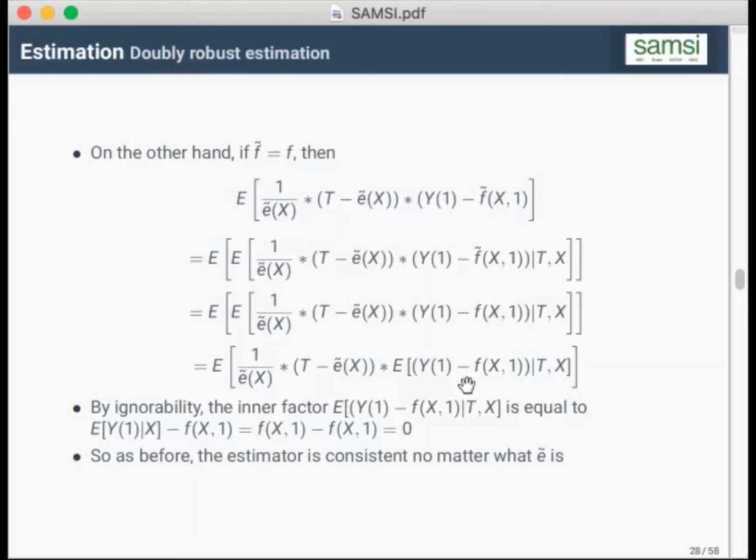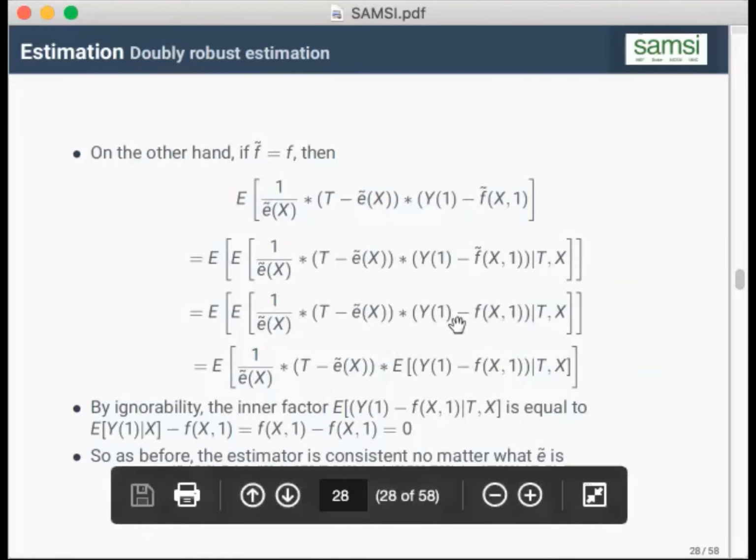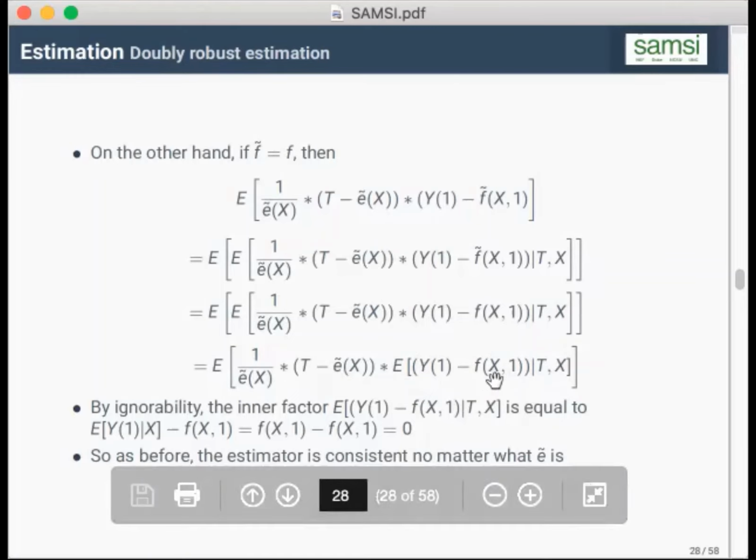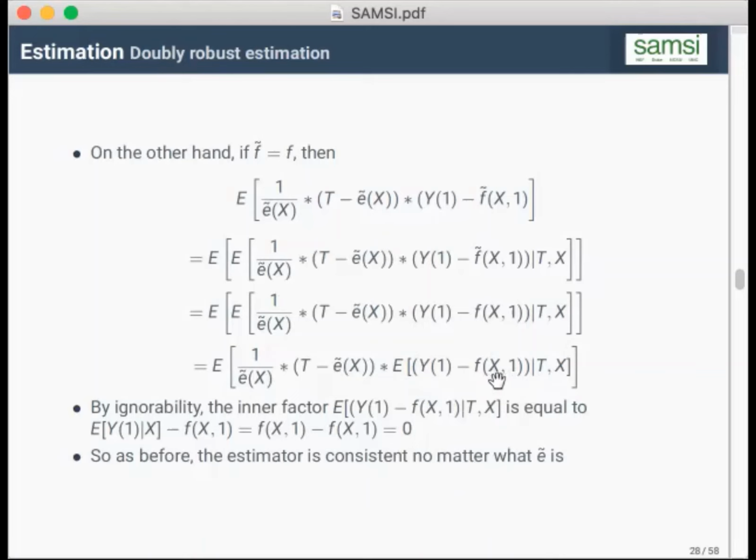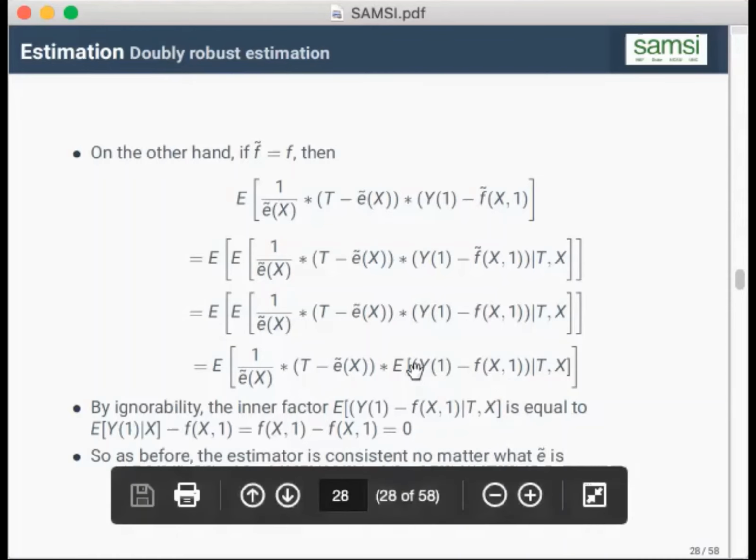And again, by some clever use of iterated expectation and algebraic manipulation, we get this expression here: the expected value of Y1 minus the regression function, which is defined as the expected value of Y given T equals 1 and X, which is equal to the expected value of Y1 given T equals 1 and X, that this expectation is then by definition equal to 0.